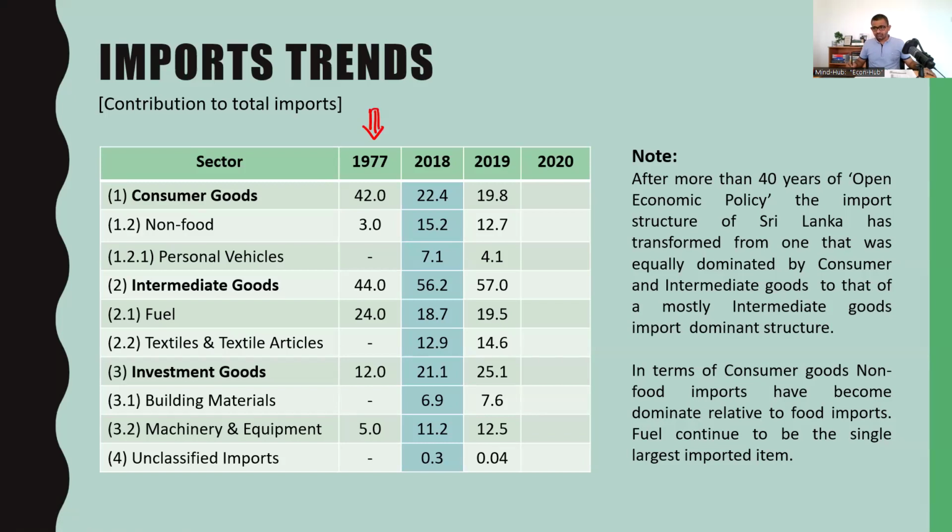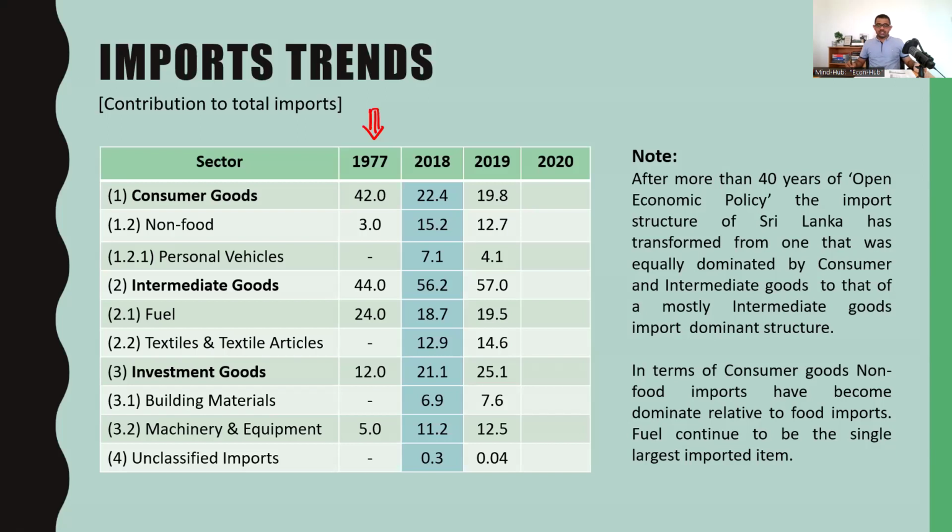Consumer goods was 42%, almost similar to intermediate goods. And fuel was around 24%. Non-food was around 3%. Mainly food was the biggest item in 1977. And investment goods was very low at around 12%. Machinery equipment was around 5%.